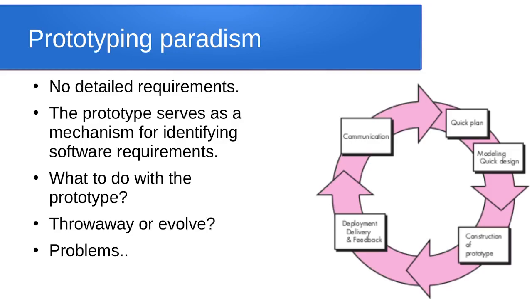Once the customer has seen this prototype, they will understand that these are the functionalities already given, and what the next set of functionalities is that they want. They will note those down, and in the next iteration you again make a quick plan and then show the prototype: these are all the features, these are the features that you want.